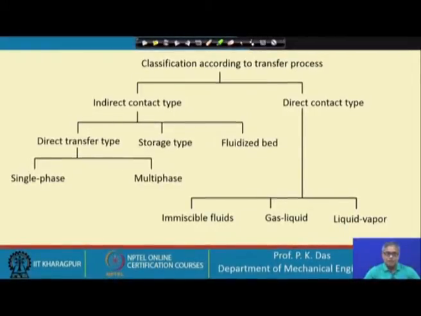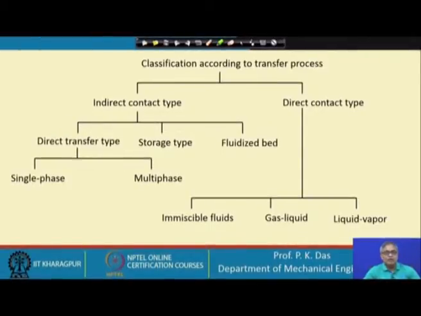So, either it could be two immiscible fluids, let us say they are two different fluids, immiscible in the liquid condition, or let us say one is vapor and another is liquid, which are also immiscible. Many of the organic vapors in chemical industries are condensed by direct contact with water. So, these are examples of immiscible fluid contact creating a direct contact type heat exchanger.